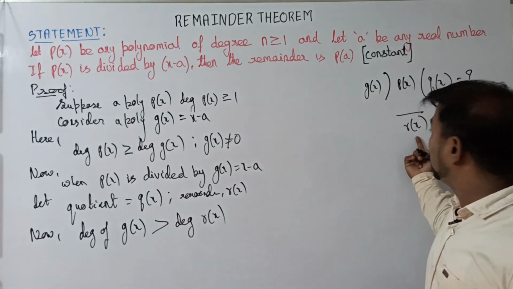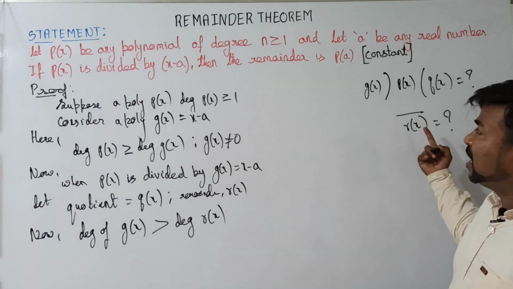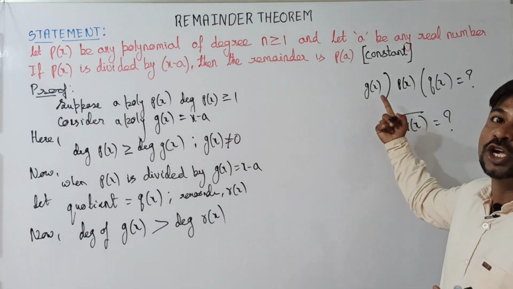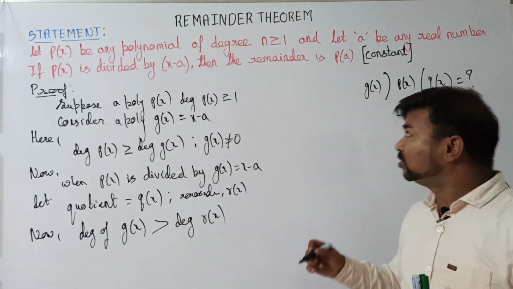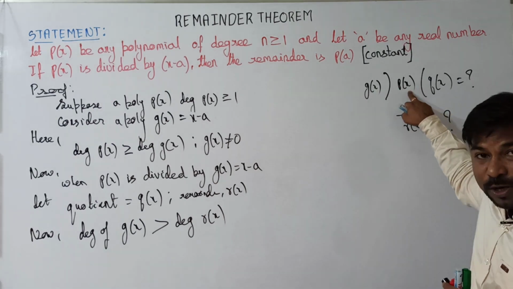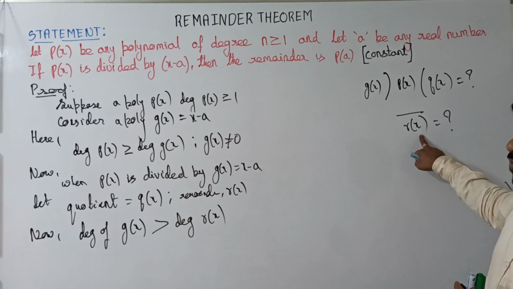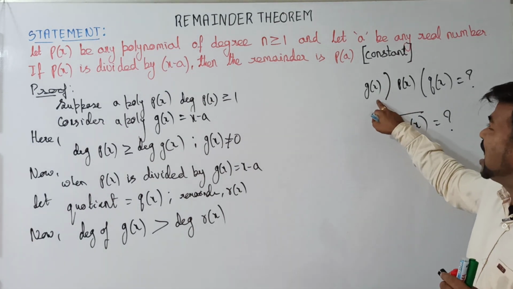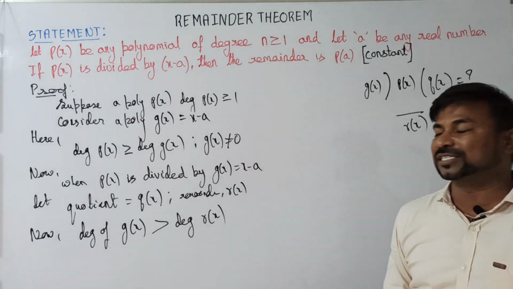The remainder, whatever we are getting, the degree of this remainder will be less than the degree of g of x. So these are all the conditions. The degree of g of x should be less than that of p of x, and the degree of the remainder should be less than the degree of g of x. That is what we are considering now.